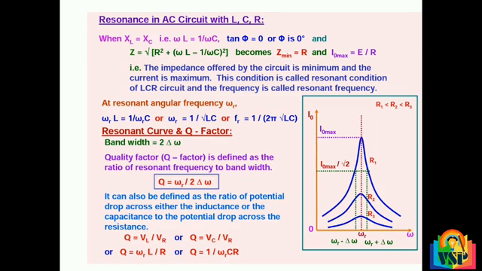At resonant angular frequency, omega R L is equal to 1 by omega R C, or omega R is equal to 1 by root of LC, or F R, the frequency of resonance, is equal to 1 by 2 pi into root of LC.